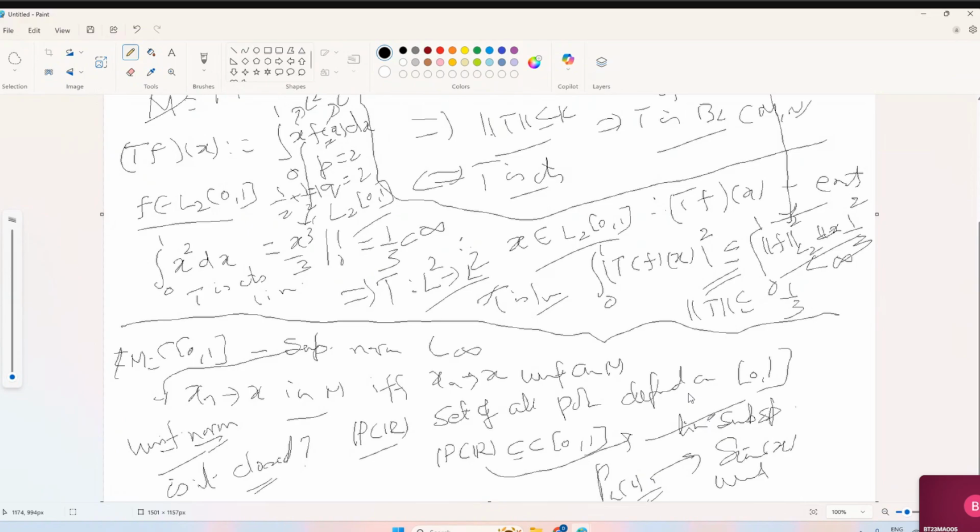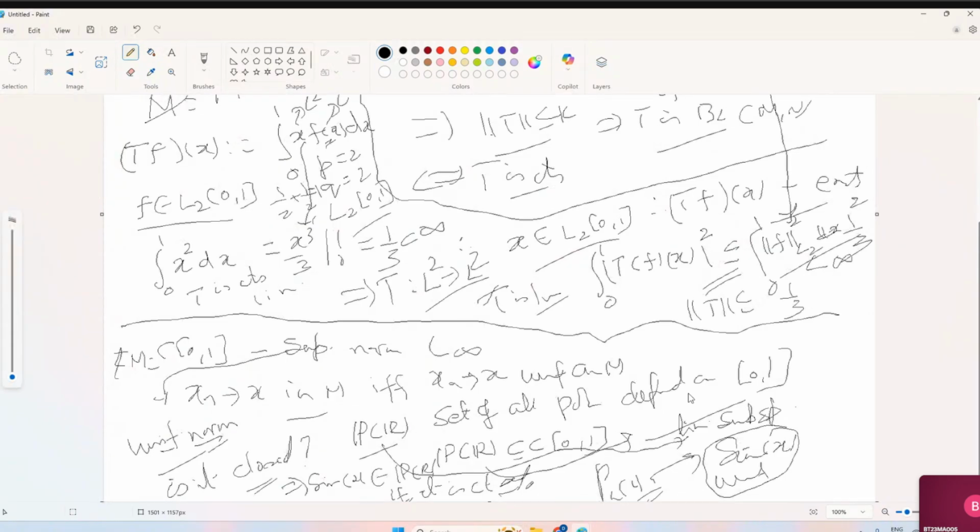There is a sequence P_n in P[R] which goes to sin x. If this is closed, then sin x should be in P[R]. So this implies sin x is in P[R]. If it is closed, please note, if is important. If it is closed, is sin x a polynomial?